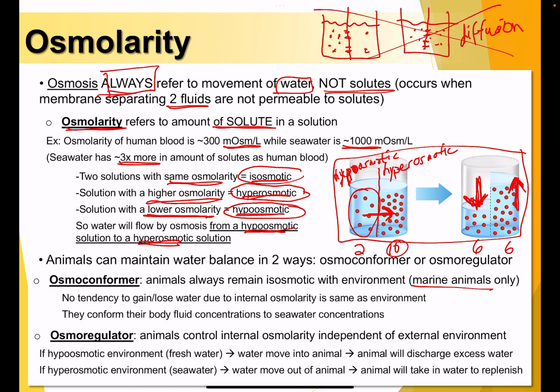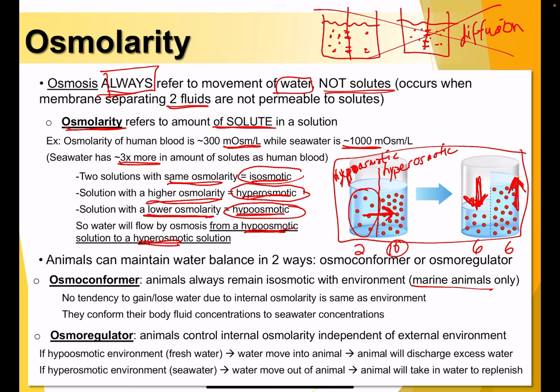That's not the case. That doesn't happen in us humans. We humans, along with a lot of mammals, land animals, are osmoregulators. So we don't conform to the environment around us. We control our own internal osmolarity.